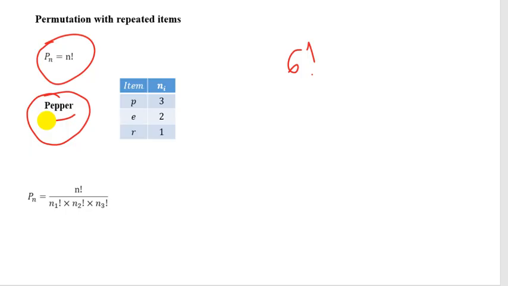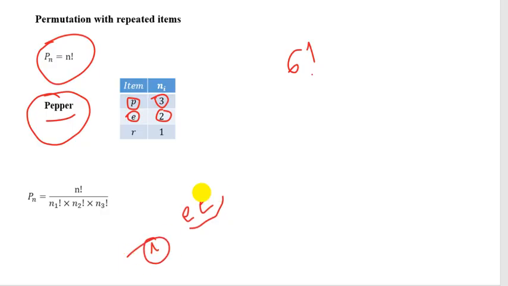But one thing here is that P is repeated 3 times and E is repeated twice. Let's take a look at E. I can get this E with this E, and this is one way.